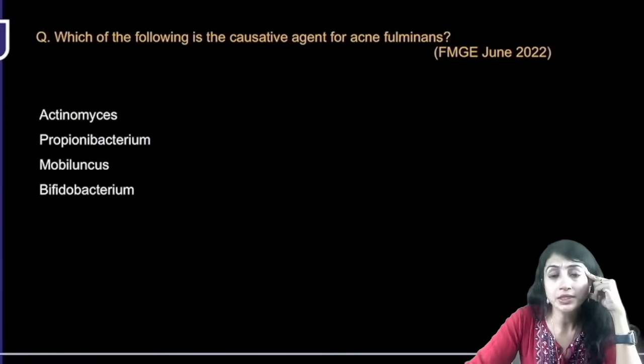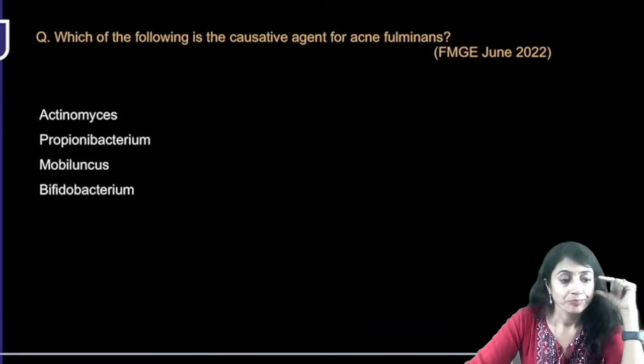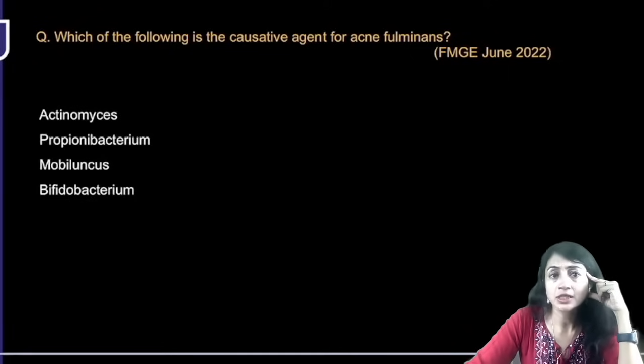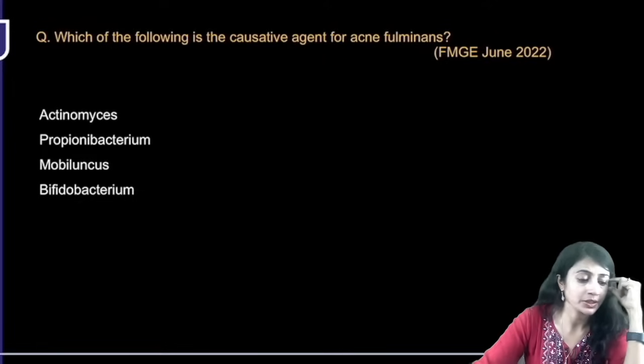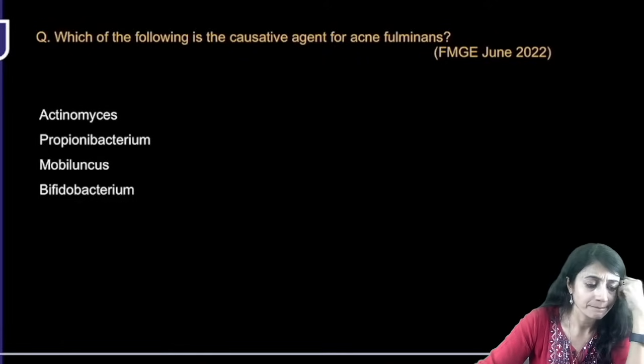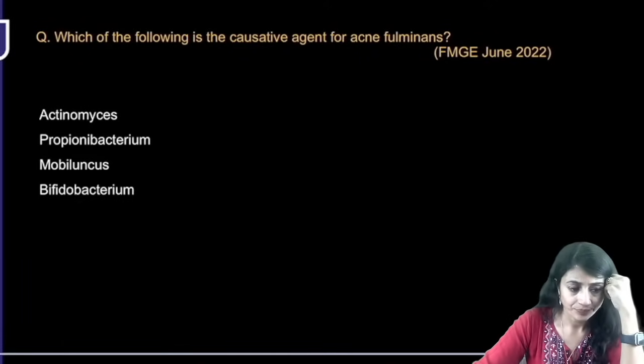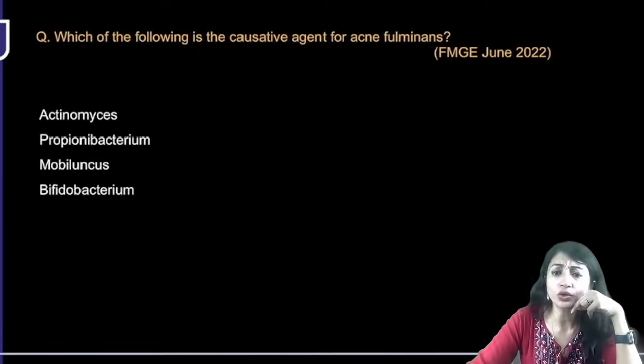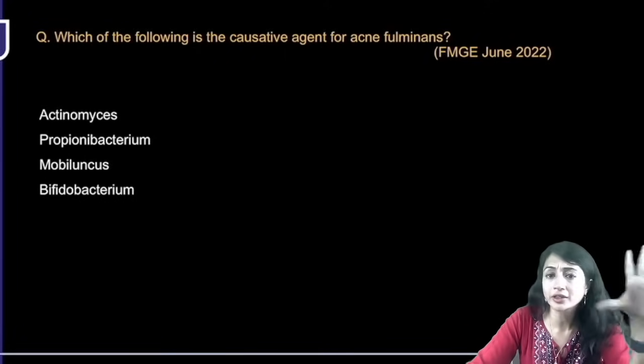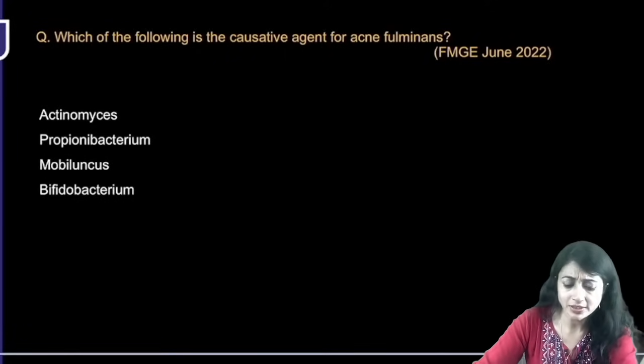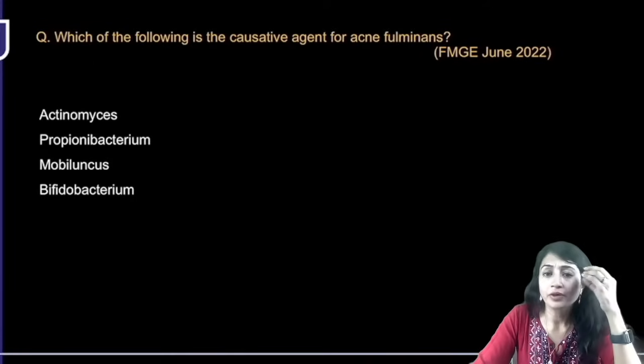Which of the following is the causative agent for acne fulminans? There are a lot of bacteria which are given here. Don't get confused. The answer is very simple, which we have read a lot of times.